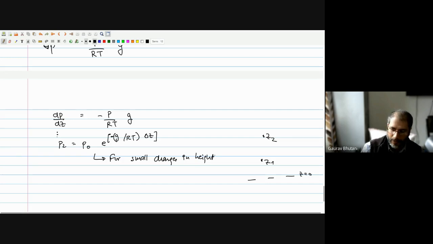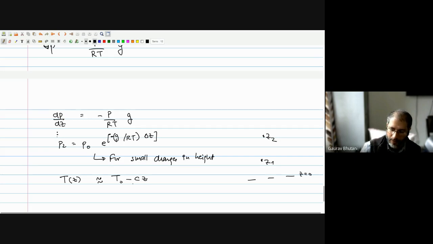But if you're talking about scales of kilometers, then you'll need some sort of dependence of temperature with height. So in the atmosphere, we use a linear approximation that temperature reduces as you go up in the troposphere. You can fit the temperature change as a linear curve, and C is a constant you can calculate from your fitting. You will find in handbooks that these relations are given.